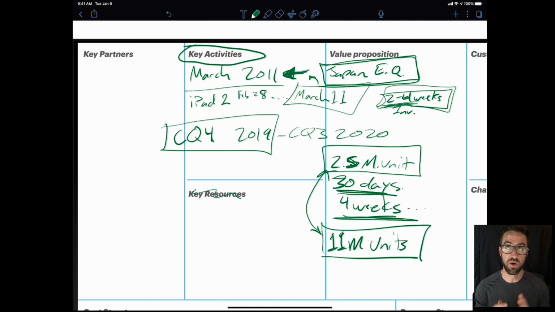Now, obviously, we aren't all big enough to do something like that, but we can do something as part of our key activities to mitigate risk of a future event, especially in the world today where everyone's kind of confused about how COVID is going to impact their business. You never know, but put the right activities in place in your business, make sure you're thinking about what could happen, preparing for it, but also leveraging that preparation to actually enhance your offerings.